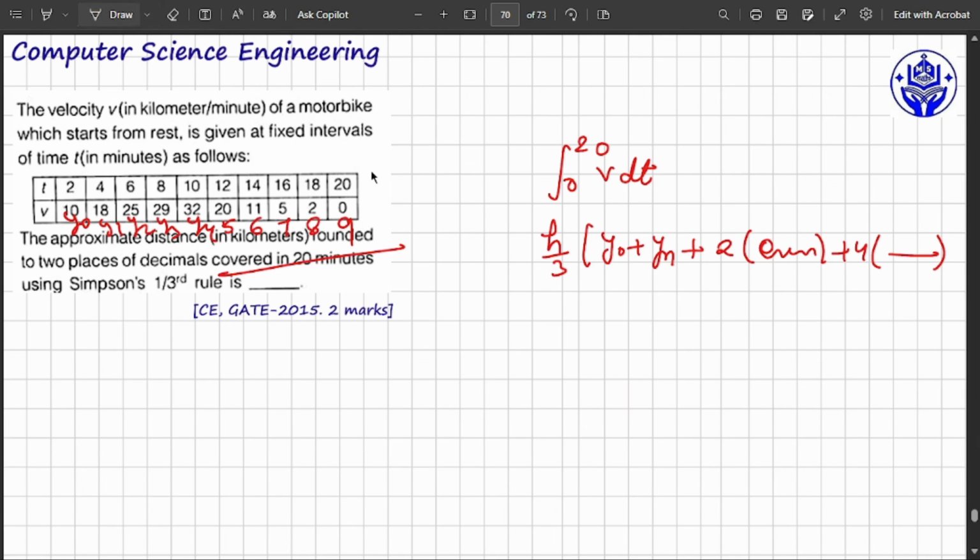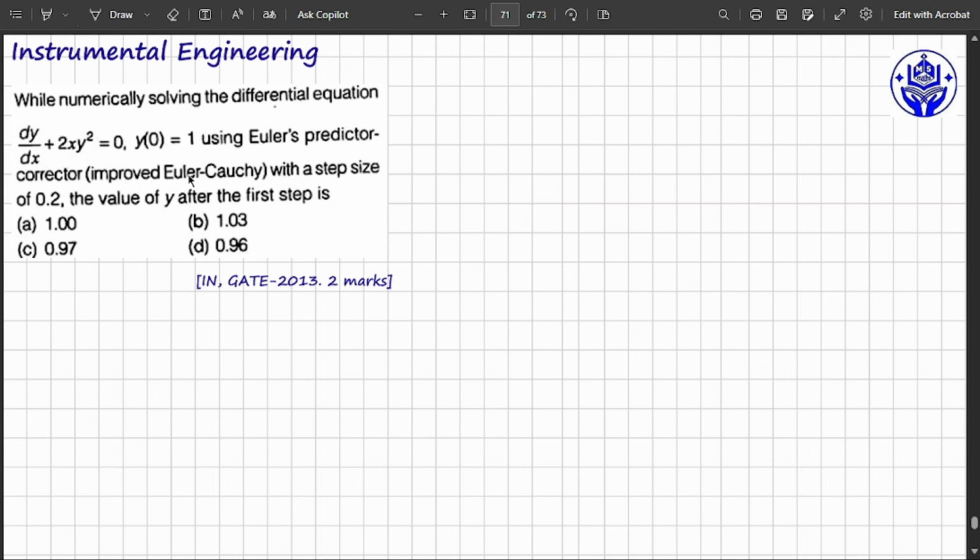Put all these values and you will get the answer as 309.33.